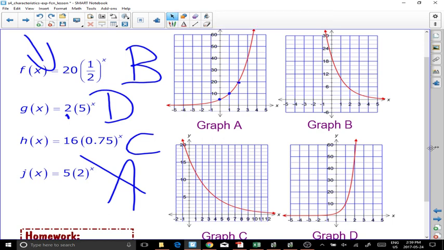So it goes from 5 to 10. It goes from 10 to 20. So what do we multiply 5 by to give us 10? What do we multiply 10 by to give us 20? So that tells us that the base must be 2.